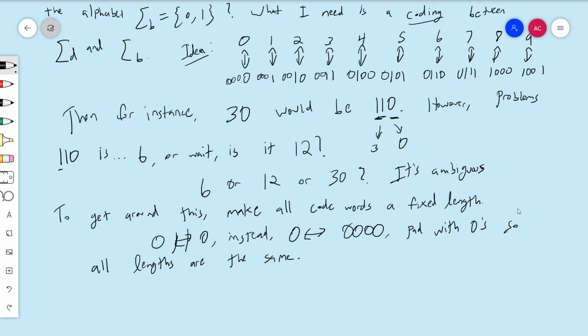By the way, how many symbols do I need? How long should it be?